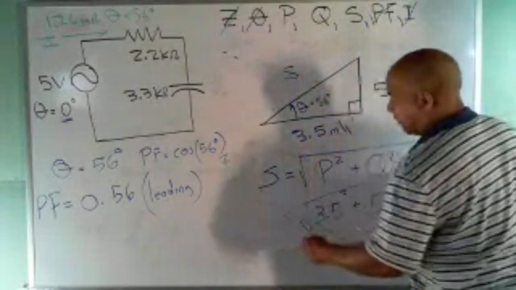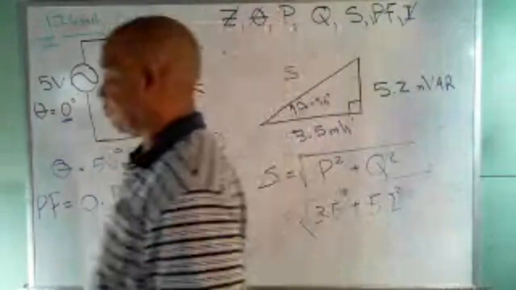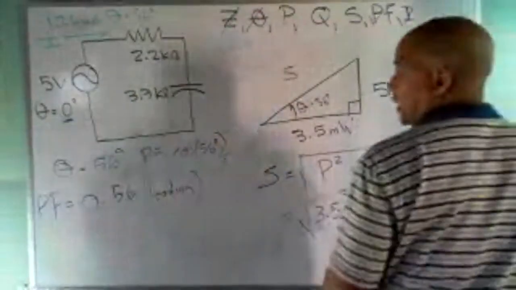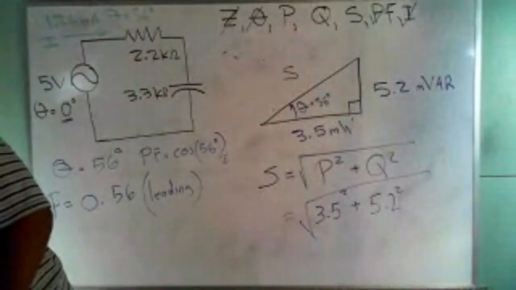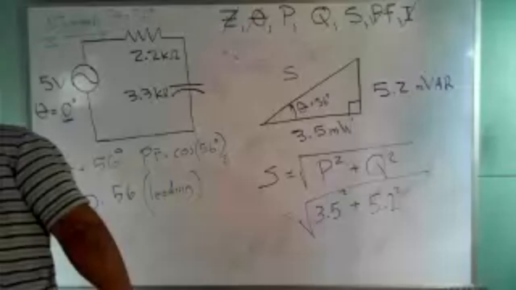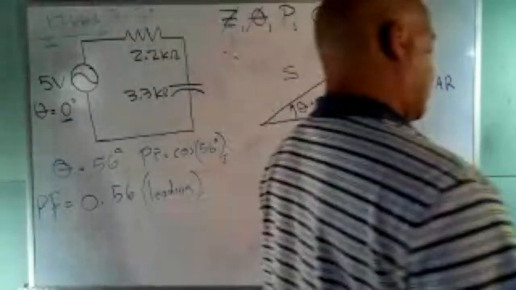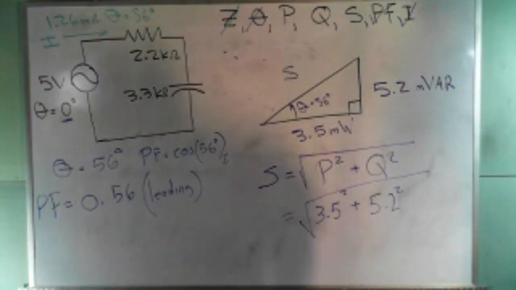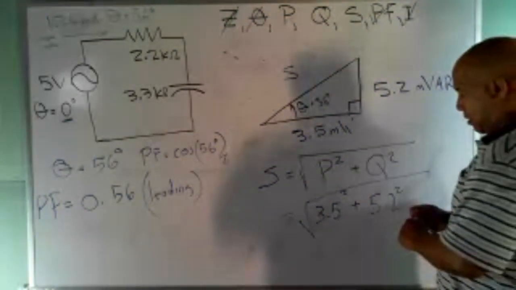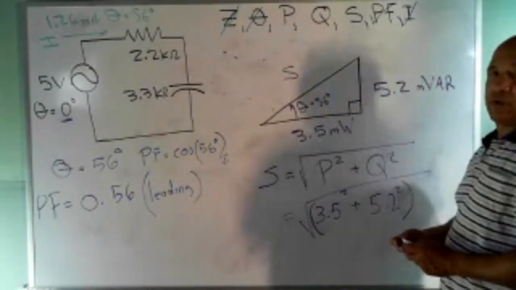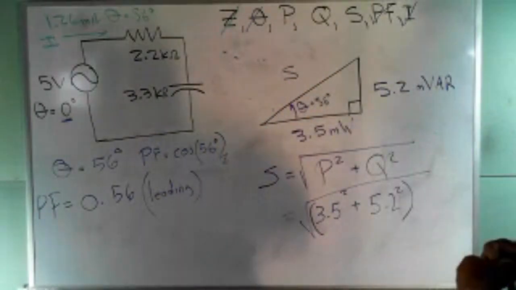So let me know when you got a number for that. All right, so what do you get for this? And I suggest you put parentheses around it to force your calculator to give you the right answer.